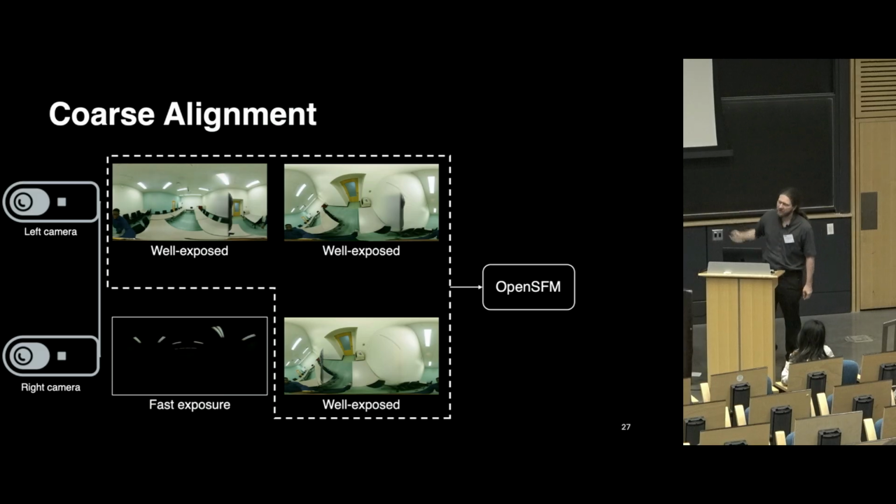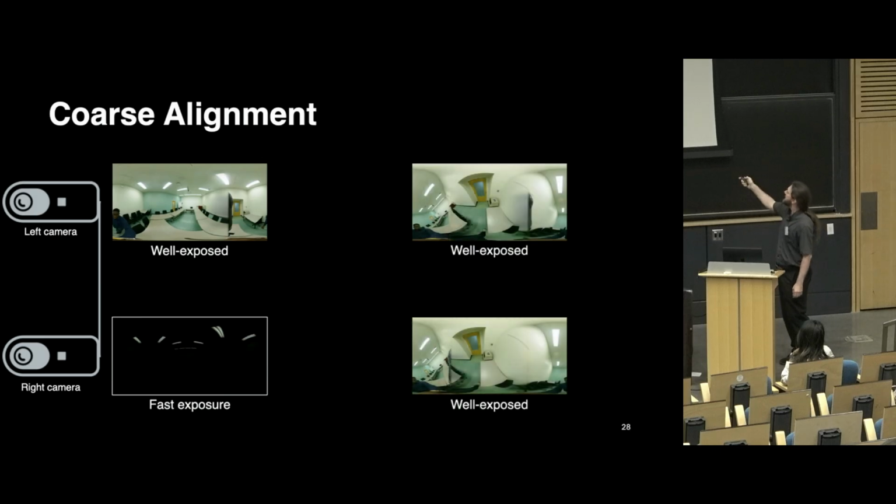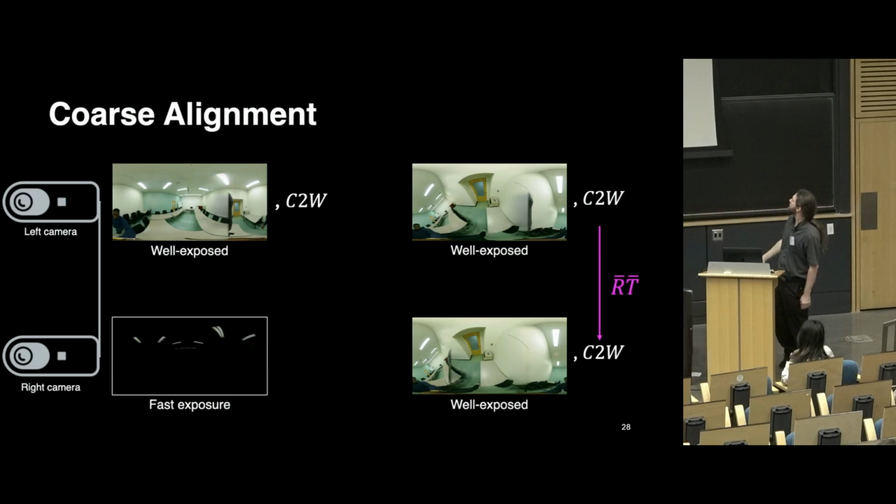That gives us the calibration that we need, the camera-to-world matrices. We do not have this for the fast exposure. We simply compute the transform between the two in the well-exposed sequence, and we just copy it for the fast exposure. Simple, efficient, it works.